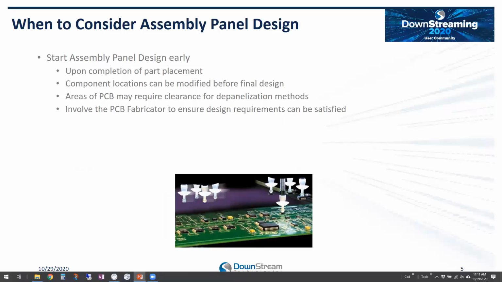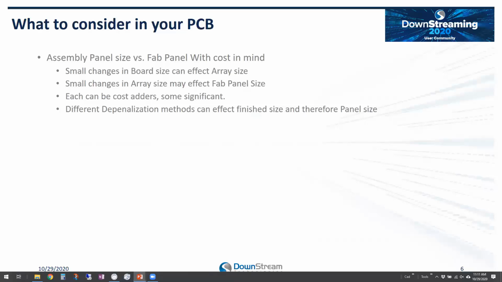So you want to start early with this because slight changes to things like the board size or even overhanging components, that sort of thing, can affect the final cost. You can always then manipulate your designs to, again, reduce that size of that assembly panel. And if you involve the PCB fabricator, he can help you optimize that size.